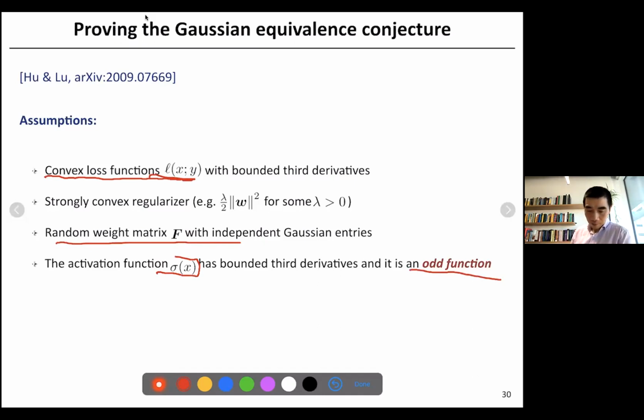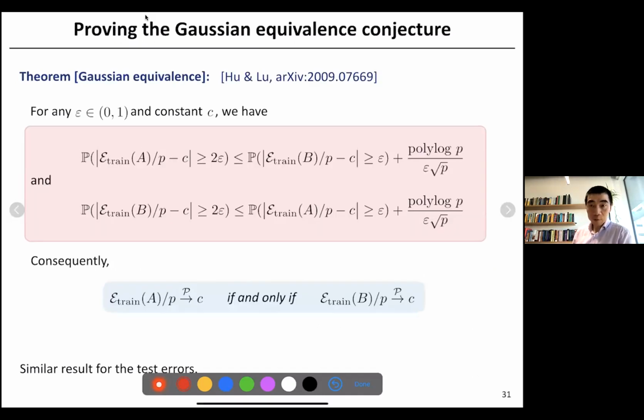Okay. Under these assumptions, what we proved is the following type of characterization. We show that if you compare the training error of the A version and B version, then necessarily you have this inequality. That means if the B version concentrates around a constant C, then necessarily the A version also concentrates around the same constant C. So they have the same asymptotic limit.